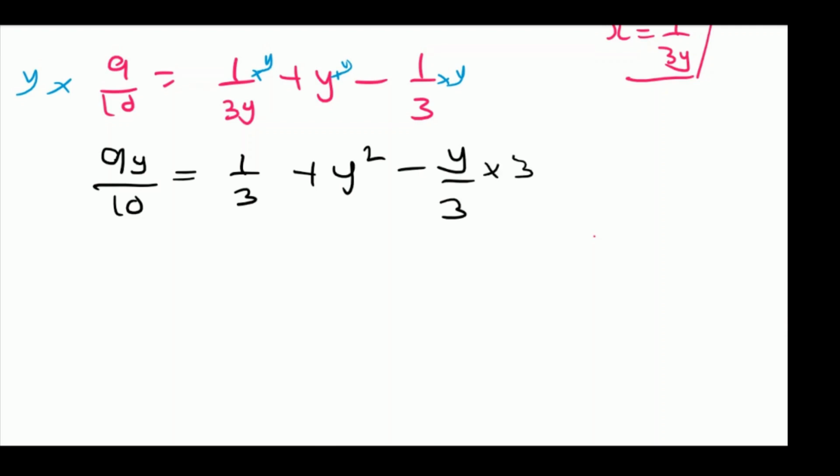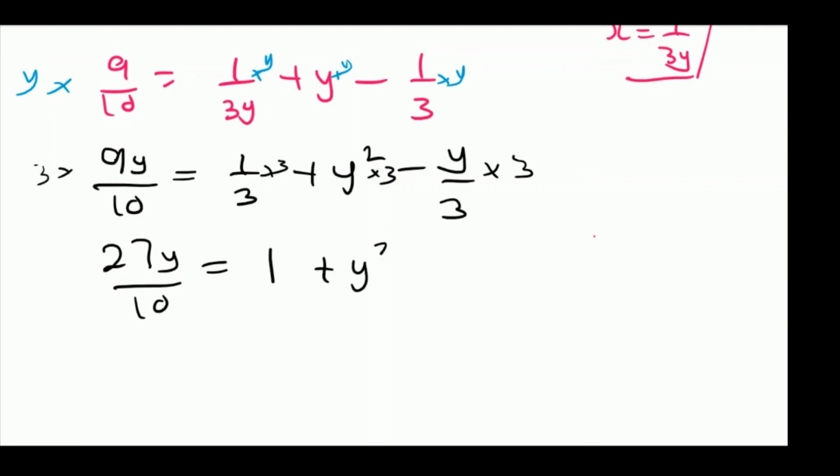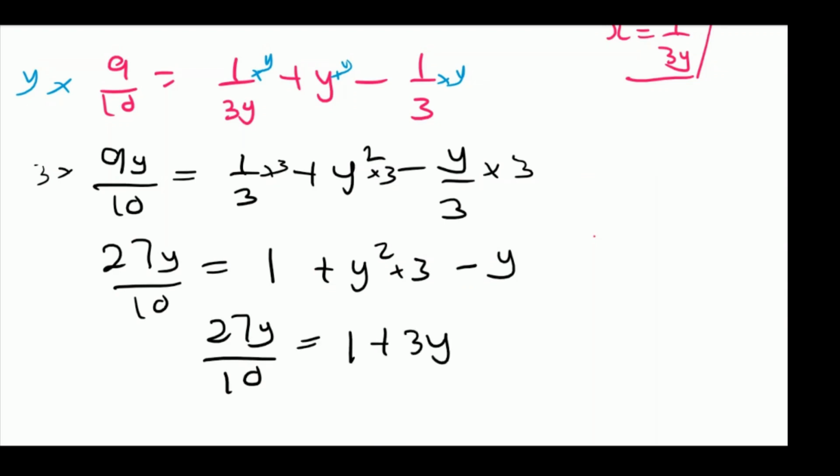So you're going to have 27y over 10 equals 1, plus y squared multiplied by 3, minus y. If you write it properly, 27y over 10 equals 1 plus 3y squared minus y, right?